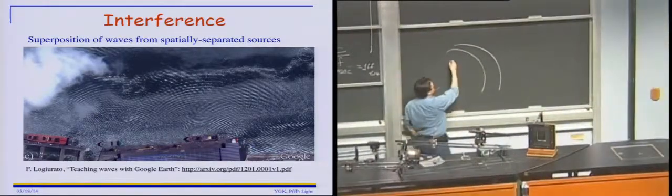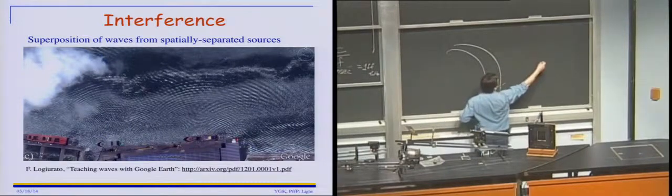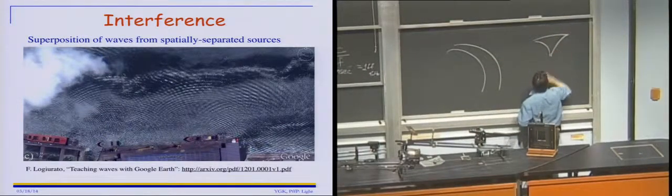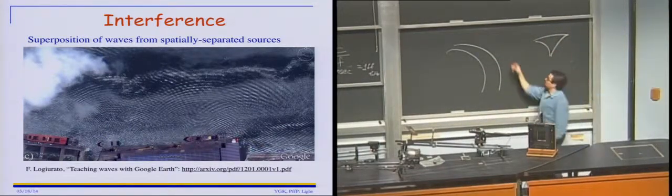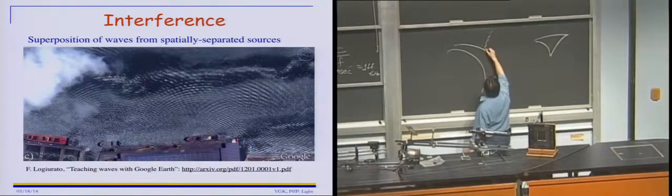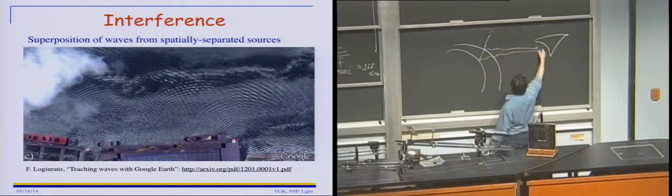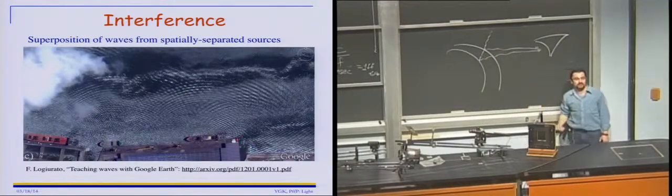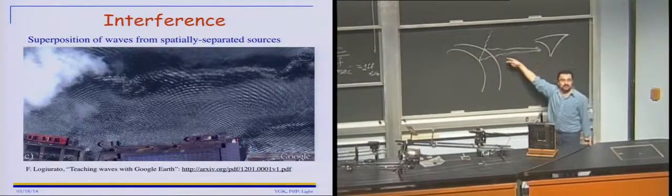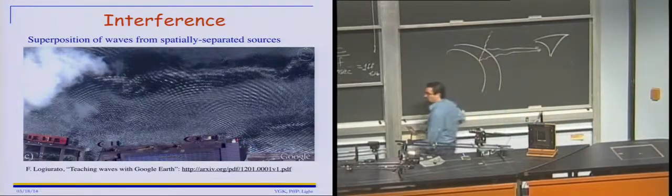And so light getting into your eyeball, so here's your eyeball, light can reflect off of this surface and get into your eyeball. And light can reflect off of the inside surface of the bubble and get into your eyeball. And those two waves will either reinforce each other or they will cancel each other out.